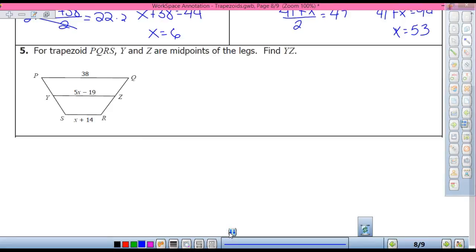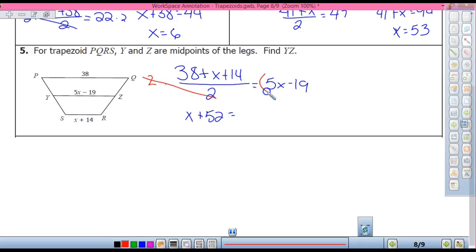Okay, so now let's add a variable. How do we set this up? 38 plus X plus 14, divided by 2 equals X minus 19. So if I combine like terms, I have X plus 52 equals, now I gotta multiply by 2, so those cancel.